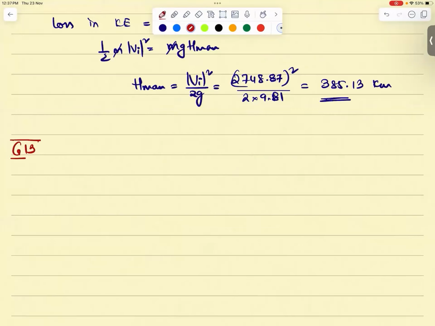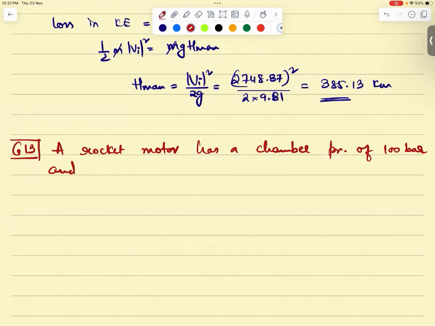Right, GATE 2013. Then we'll do one more of 14 also. A rocket motor has a chamber pressure of 100 bar and chamber temperature of 3000 Kelvin. The ambient pressure is 1 bar.